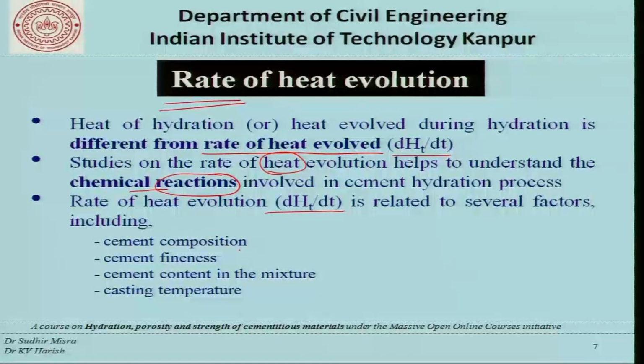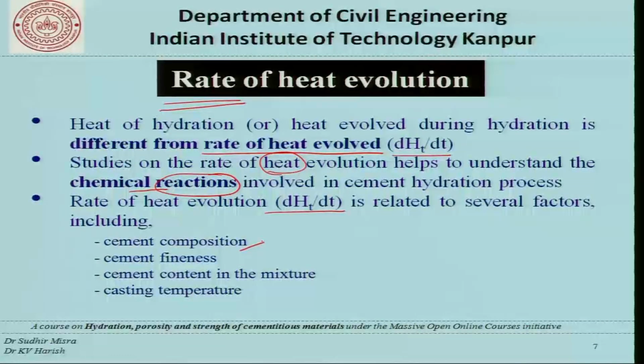It's related to cement composition, that is, those components of cement which liberate the heat early. If they are higher in proportion, then for that cement the rate of heat evolution will be higher in the initial stages.